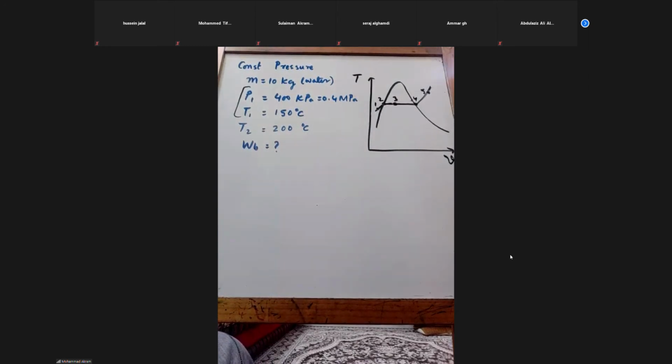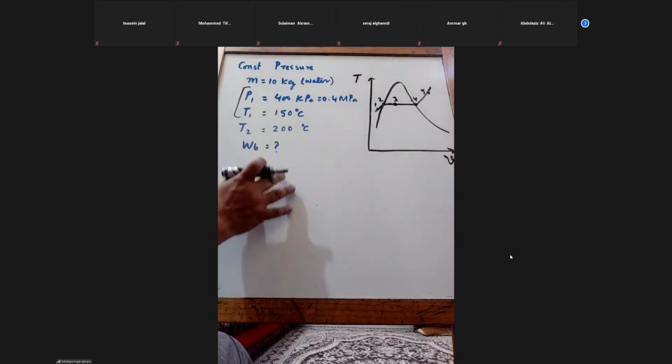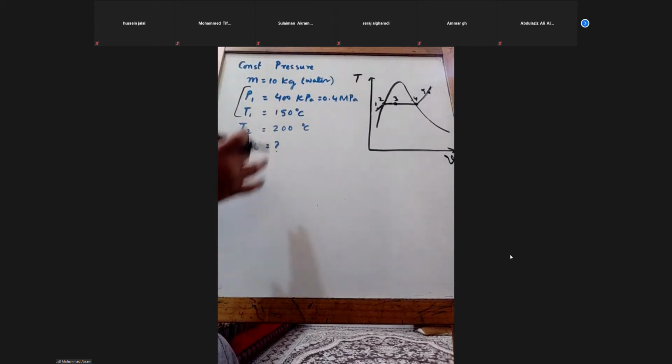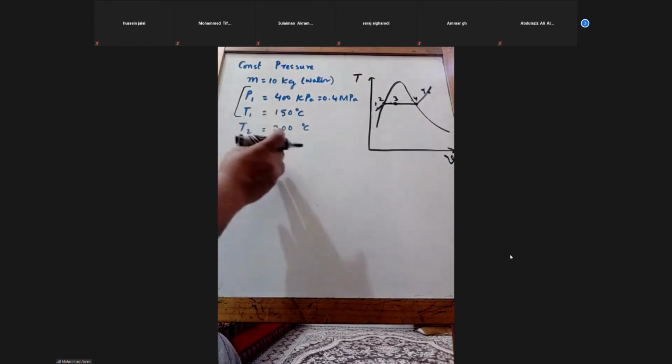For that, for a given pressure, we need to check the temperature. I have given you the table. For a given pressure, you check the temperature, or if some properties are given, you need to check the given property for the given pressure, temperature, then compare it.